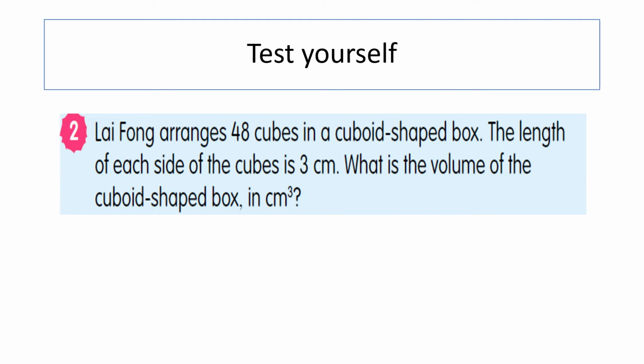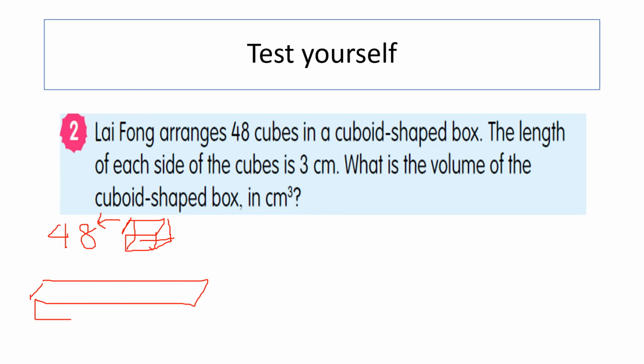Okay, Lifeform arranges 48 cubes in the cuboid shaped box. The length of each side of a cube is 3. So what is the volume of the cuboid shaped box? Okay, what is the question? They arrange 48 cubes. So it means these cute cubes are 48 in number, inside one big cuboid box. They ask the length of each side of the cube, and they tell us it is 3.